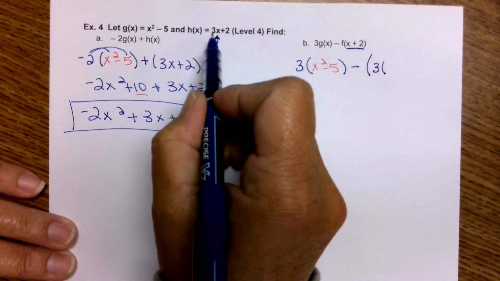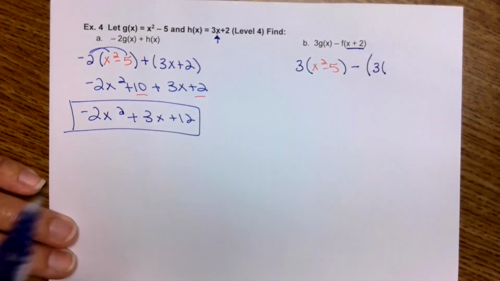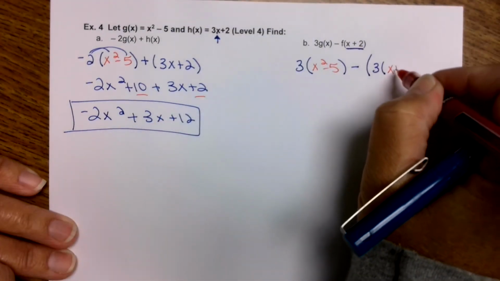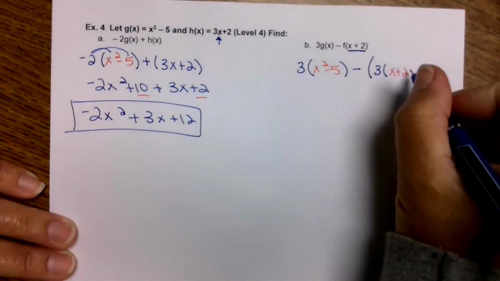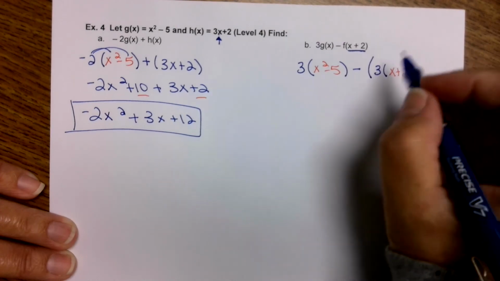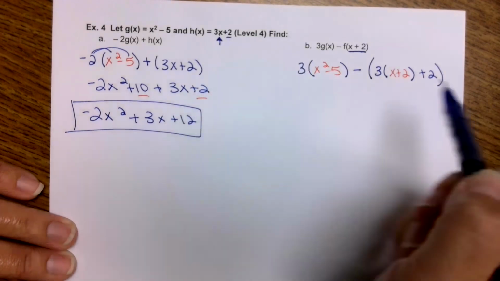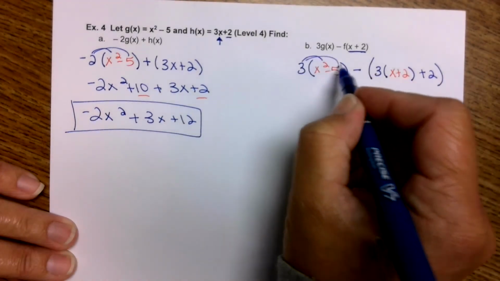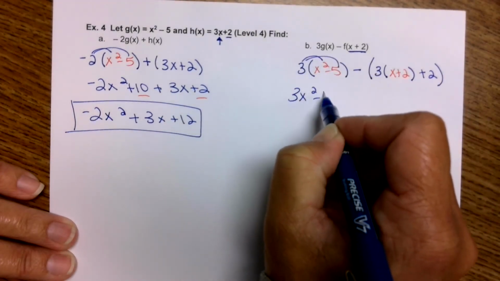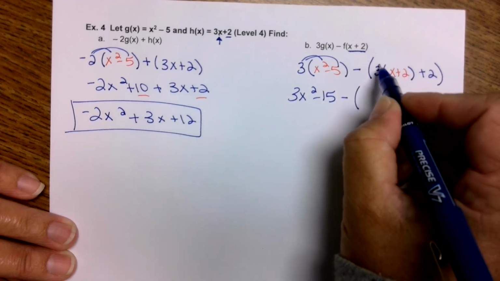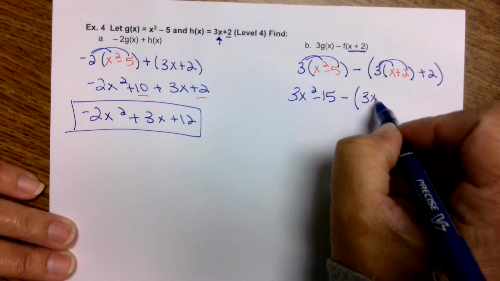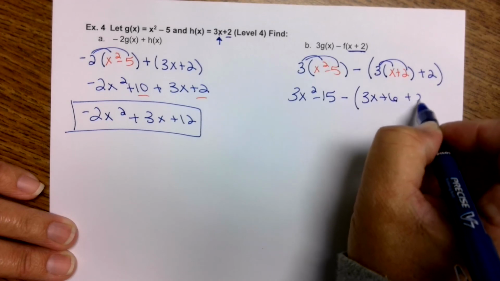So I've got my 3. Instead of x, I'm going to replace it with x plus 2. That's that evaluation we did in our last set of notes. And then plus 2. I'm getting the plus 2 from right here. All right, so I'm going to distribute the 3, minus, distribute the 3 here. I still have this plus 2.